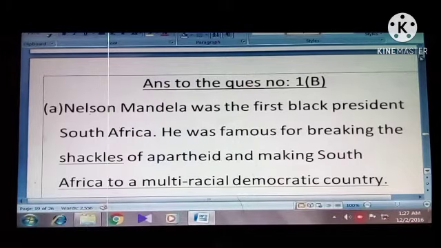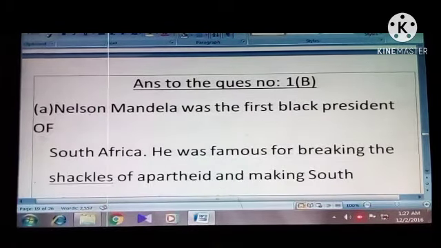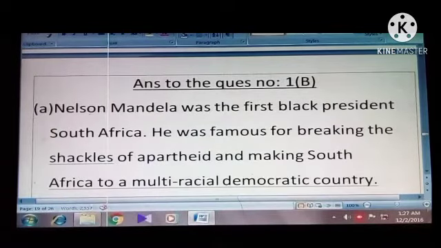Who was Nelson Mandela? Nelson Mandela was the first black president of South Africa. What was he famous for?